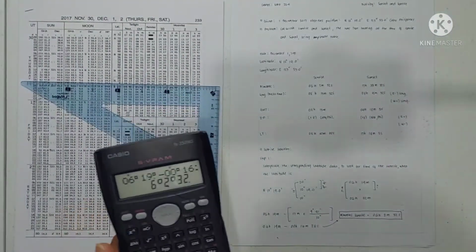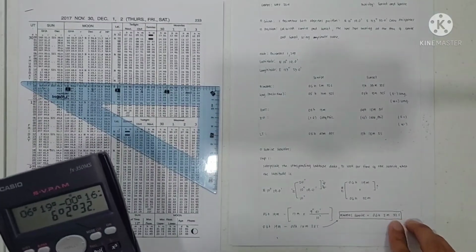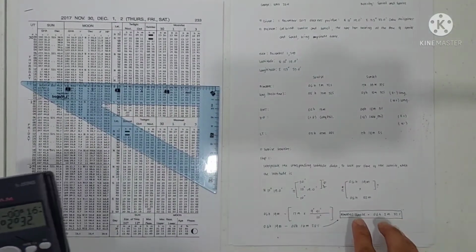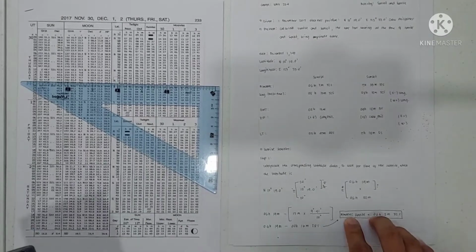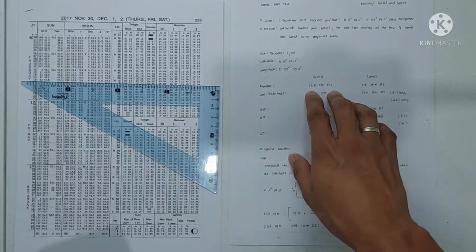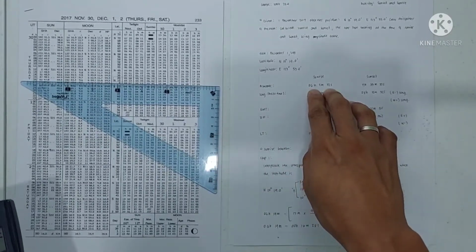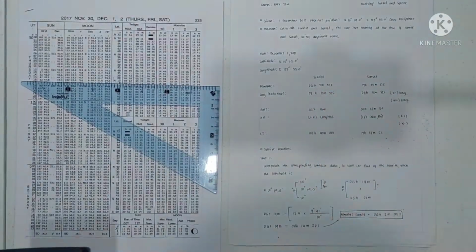So we have the result of 06 hours 2 minutes and 32 seconds. This will be now the value of the almanac sunrise time. So this is now the interpolated value. So I have written it here, 06 hours 2 minutes and 32 seconds.